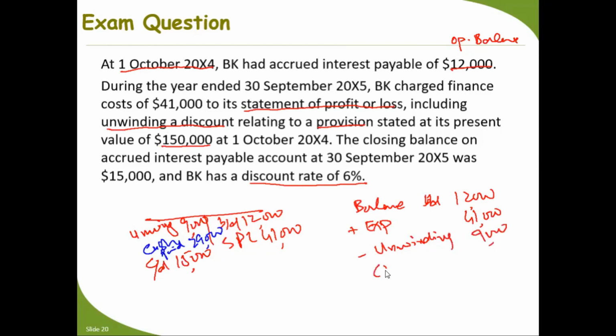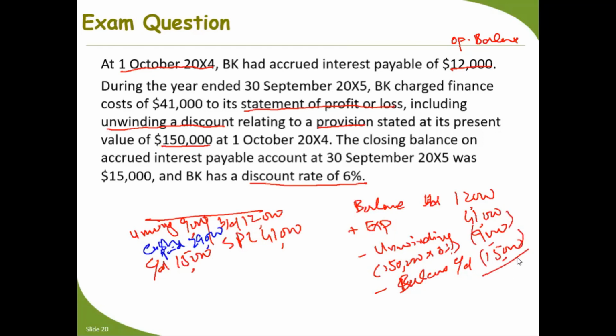We calculated 150,000 times 6% minus balance carried down, which is 15,000.